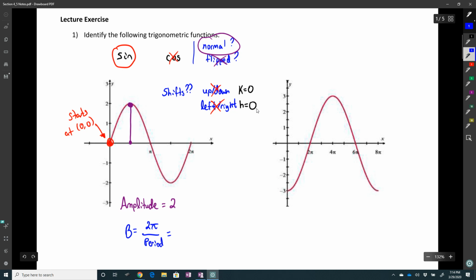If I look at this, the period is 2 pi. So b is 1. So I have everything I need. I know h and k are 0, a is 2, b is 1, and I know it's a sine wave. So my final equation is just going to be 2 sine of x. Sine of 1x, but I don't need to write the 1. And that's it.